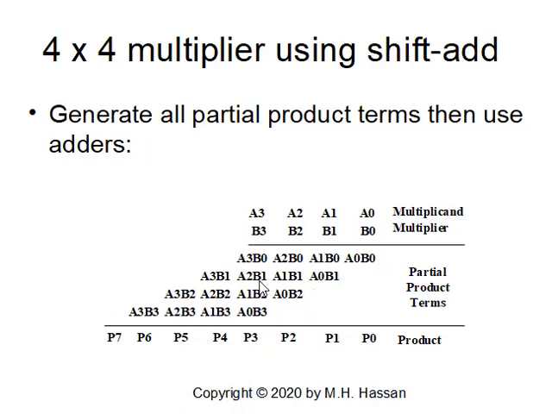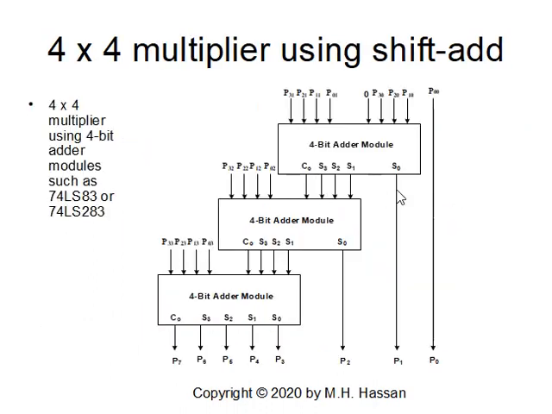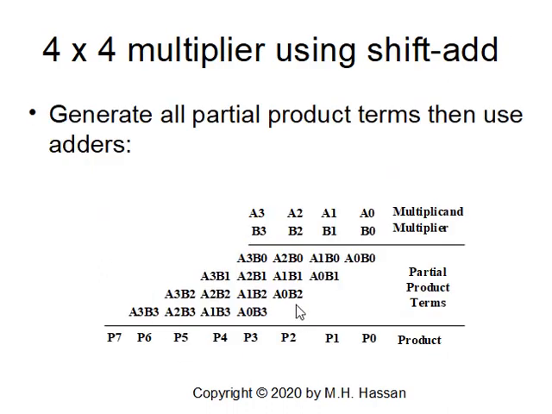Now, the outputs of this module will be S0, which is P1, and S1, S2, S3. The carry out will be taken to the next module to be added with the next set of partial product terms, which is A0, B2, A1, B2, A2, B2, A3, B2 in the second module.